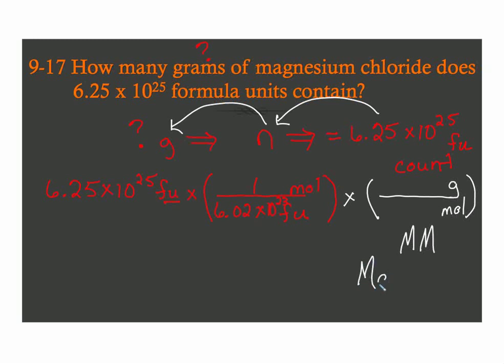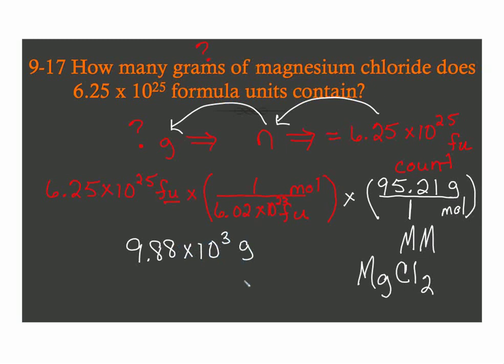Other times we'll ask you to write it, and that alone would be worth a point. Magnesium is +2, chloride's -1, so it'd be MgCl2, and the periodic table tells us for every 1 mole we have 95.21 grams. And if we do that math, 9.88 times 10 to the 3rd grams of magnesium chloride.